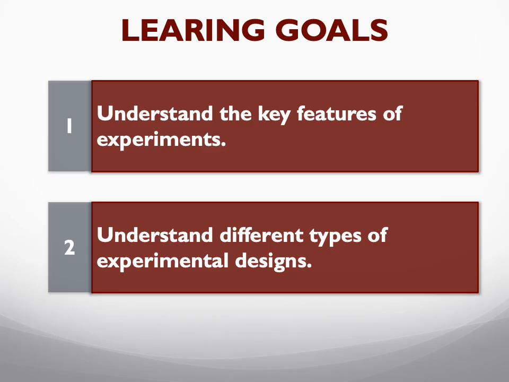All right, and just to revisit our key learning goals here, we want to understand the key features of experiments, specifically that we're manipulating independent variables and we're randomly assigning participants to condition. And we want to understand different types of experimental designs. We can have between subjects experiments or within subjects experiments. With between, we're having participants engage in only one of the different activities in the study.